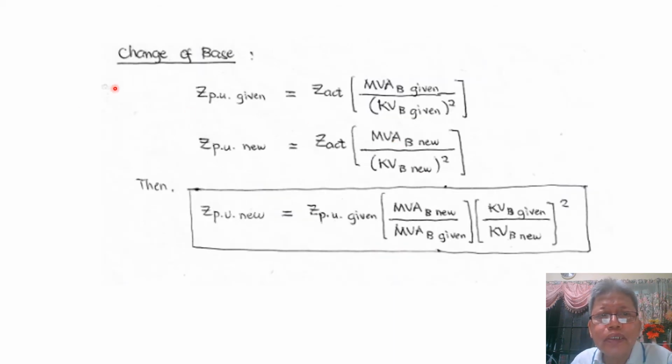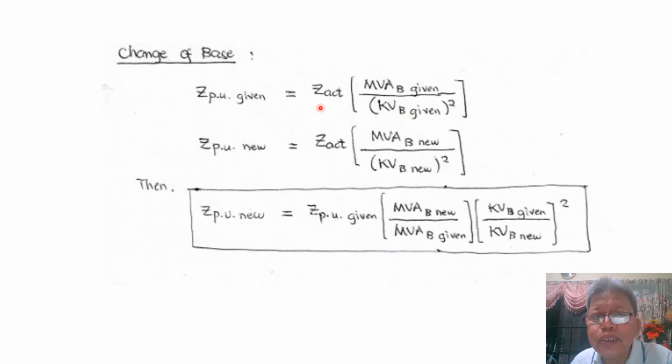And now, change of base. Usually the per unit value of the reactance of our generator or transformers are based on their MVA capacity and their rated voltage. So each generator or transformer has a certain per unit value, which we call the given per unit, based on its MVA rating and the voltage rating.